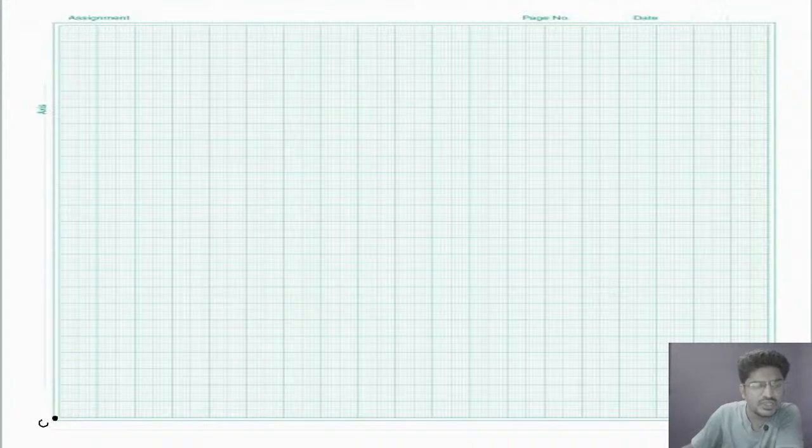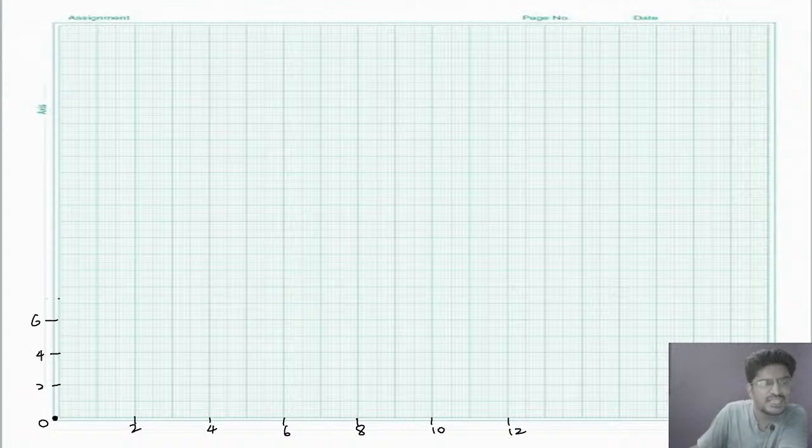Say this is 0, I will take here 2, I will take here 4, 6, 8, 10 and this is 12. Clear? So here also same, 2, 4, 6, 8, 10 and this is 12.